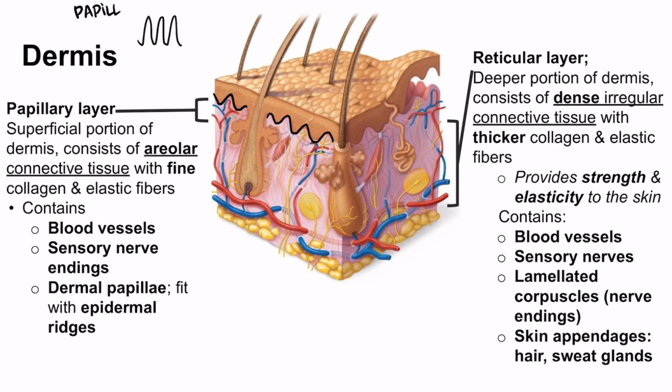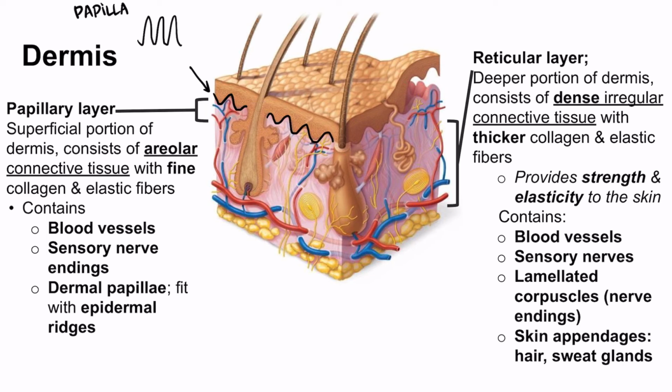For example, the bumps on your tongue are called papilla. These are called dermal papilla because they're hilly regions just between the dermis and the epidermis. This papillary region has lighter, finer fibers, but it also contains smaller blood vessels and nerve endings, because we talked about those tactile epithelial cells and those dermal papilla.